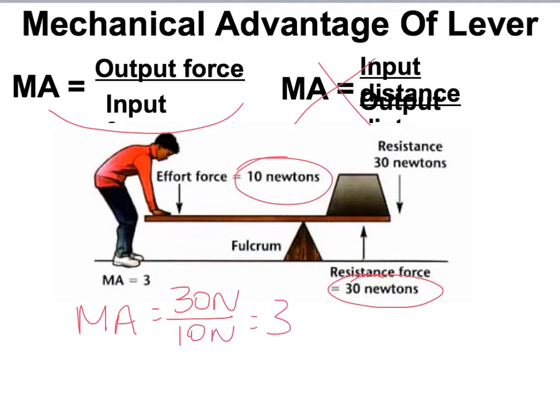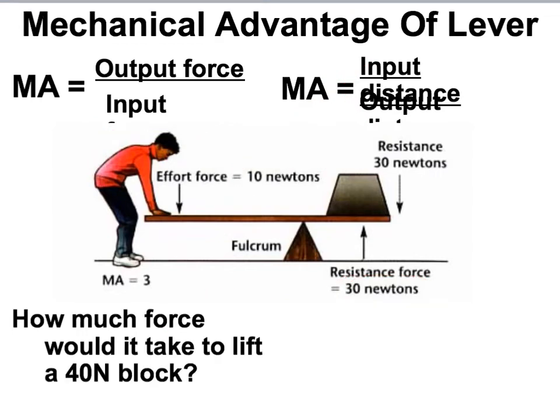So what can we do with that? Well, now let's suppose we had a different problem. How much force would it take to lift a 40 newton block? We said the mechanical advantage is 3. And we want an output force of 40 newtons, but we want to know how much input force, how much effort force would be needed to move a 40 newton object.